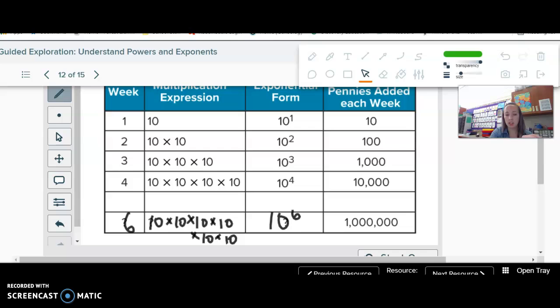The 6th week. Go ahead and add in the missing one as well, the 5th week. 10 to the 5th power, 1 with 1, 2, 3, 4, 5 zeros, and then I can go back and add my comma, 1, 2, 3. Make sure you always start from the right side when you put that comma.